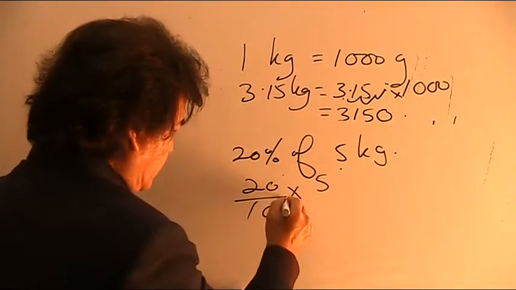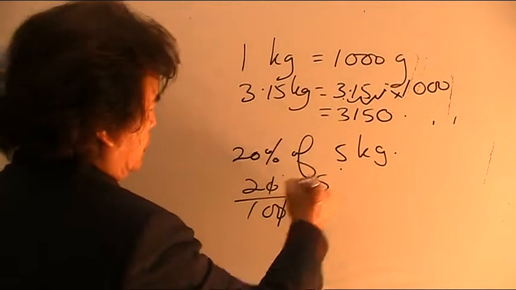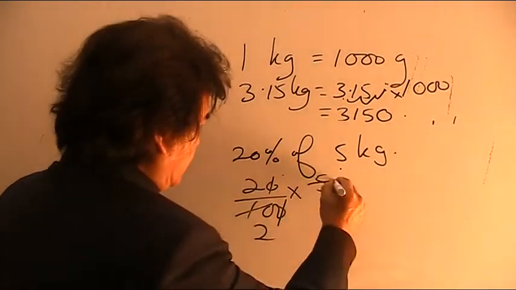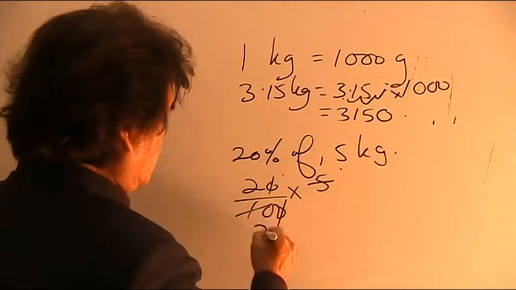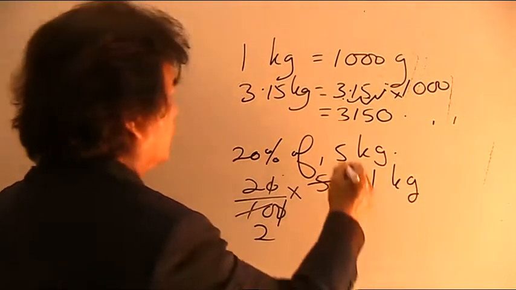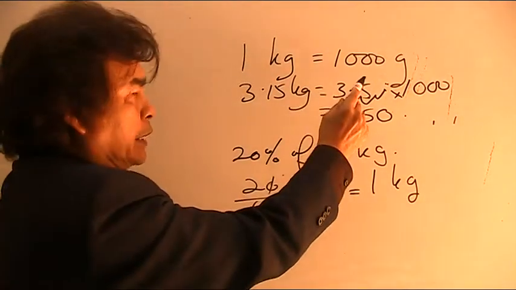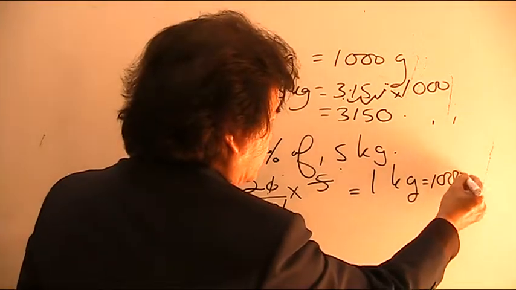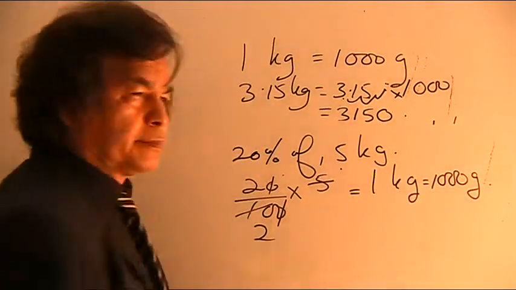Alright, you simplify this, 0, 0. And 10 divided by 5, you get 2. 5 divided by 5, you get 1. So 2 over 2, you get 1 kg. And of course, 1 kg equals to 1,000 gram. Therefore, equals to 1,000 gram. Alright.